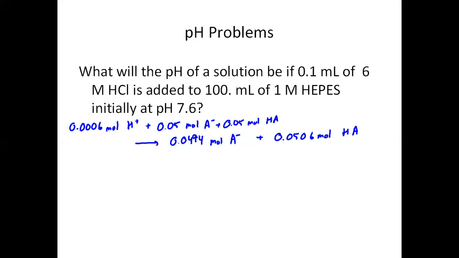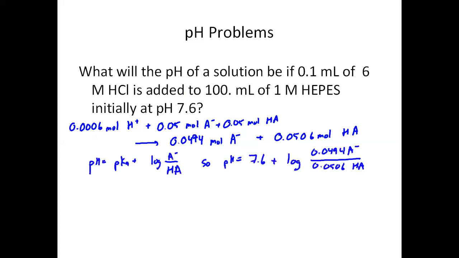The only other tricky part of this is sometimes acids are being produced and sometimes acids are being consumed. Once we have determined these things, we can plug the numbers into the Henderson-Hasselbalch equation and find with this particular problem that the pH is essentially unchanged at 7.59.